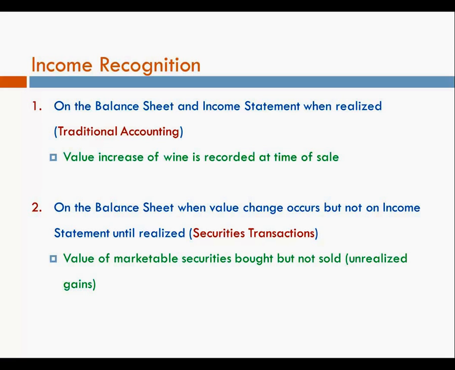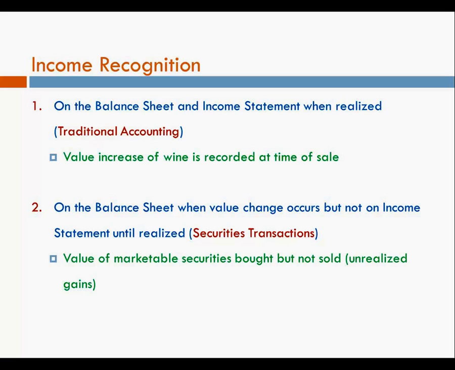The increase in the value of the grapes is recorded when you're able to sell that wine in the marketplace. That increase in value is reflected at that point, and it also affects the balance sheet at that same point in time. That's traditional.